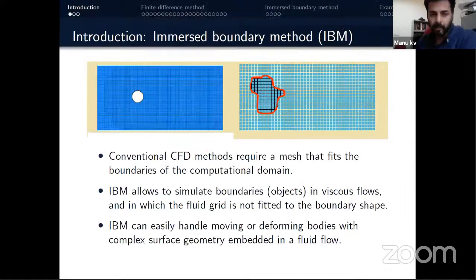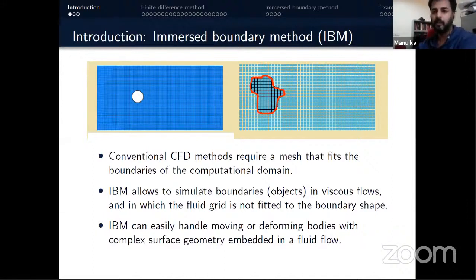Let me start by showing the advantages of the immersed boundary method. We all know the difficulty associated with the meshing part of CFD, and how much time we have to spend creating the mesh and analyzing grid accuracy and other aspects.